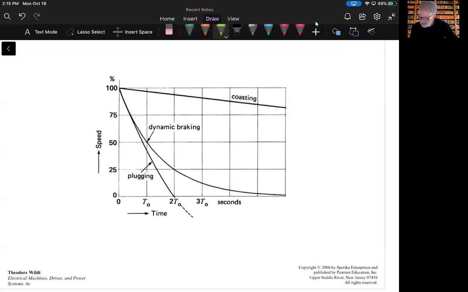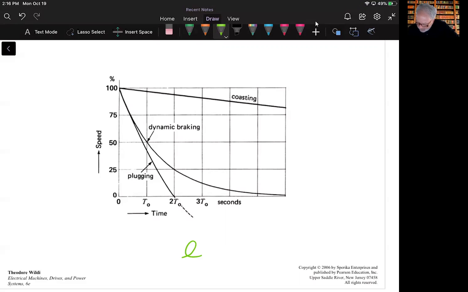So when I'm looking at this dynamic braking curve, I can put some values on it. We're talking about the exponential function e, and if we were modeling like we did capacitors and inductors, we would come up with the time constants.